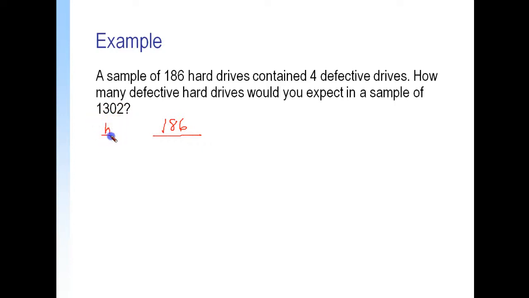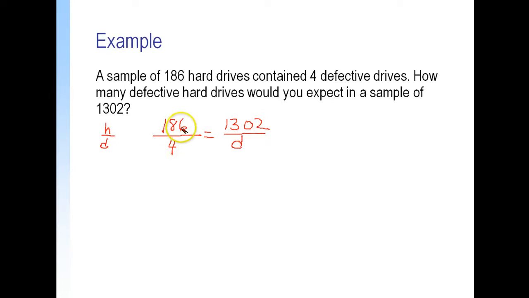We use the letter H. They're expected to contain 4 defective. So 186 hard drives, 4 defective. Now, if you have this many hard drives, how many would you expect to be defective?